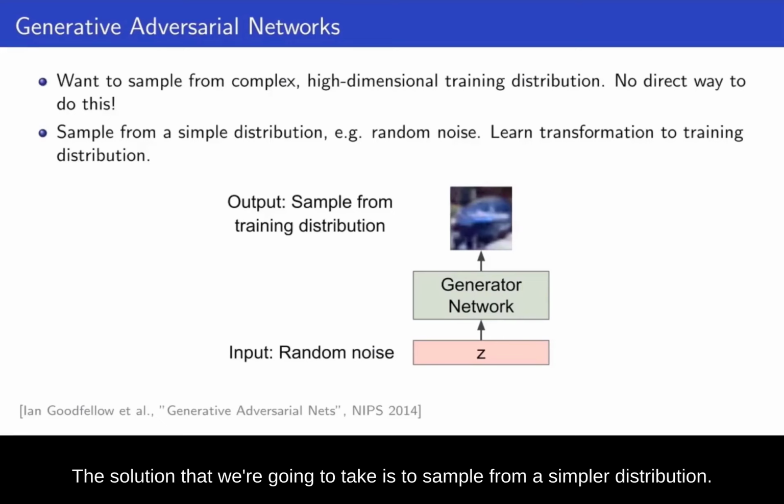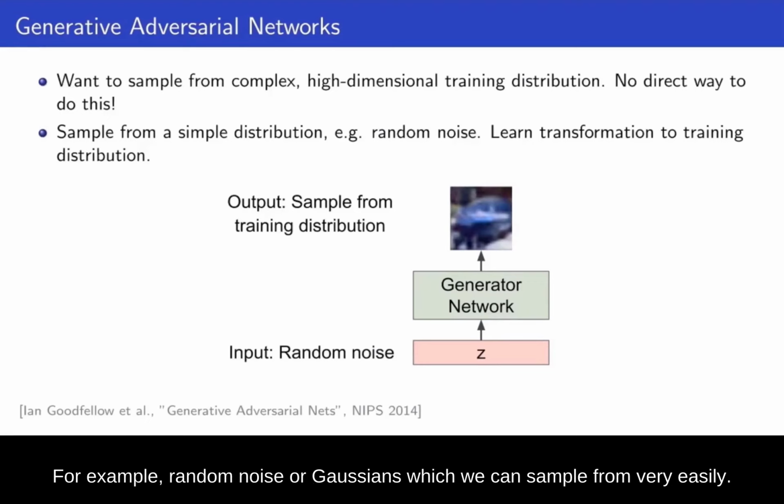So the solution that we are going to take is to sample from a simpler distribution, for example, random noise or Gaussians, which we can sample from very easily.